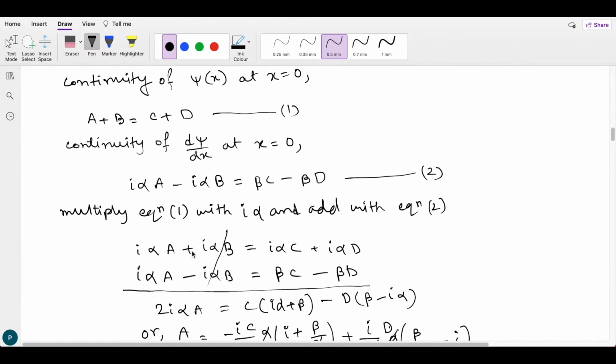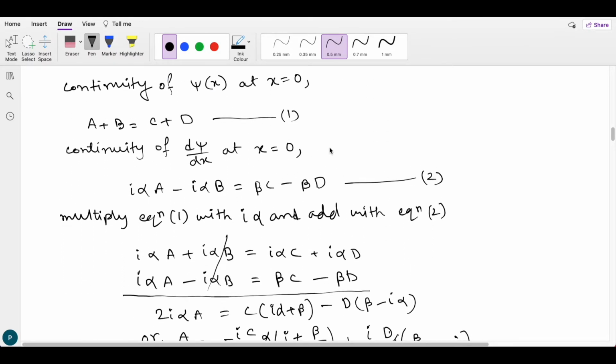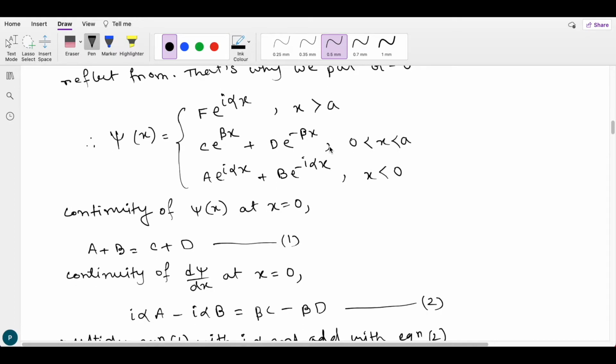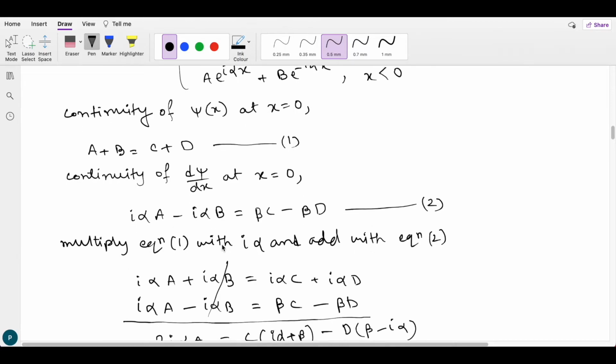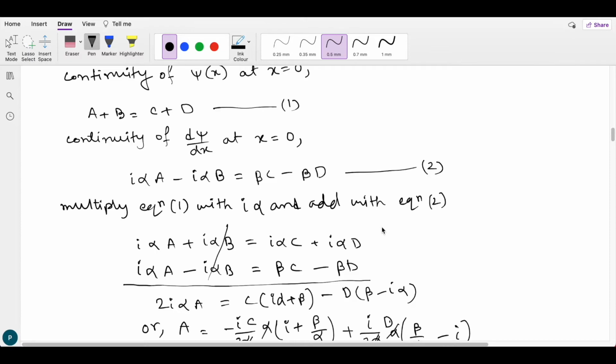Continuity of ψ at x equals 0 gives A plus B equals C plus D. You just have to put x equals 0 in these two equations, second and third, and you get this. Similarly, if we differentiate ψ and put x equals 0, we get equation 2. Now multiply equation 1 with iα and add it with equation 2.